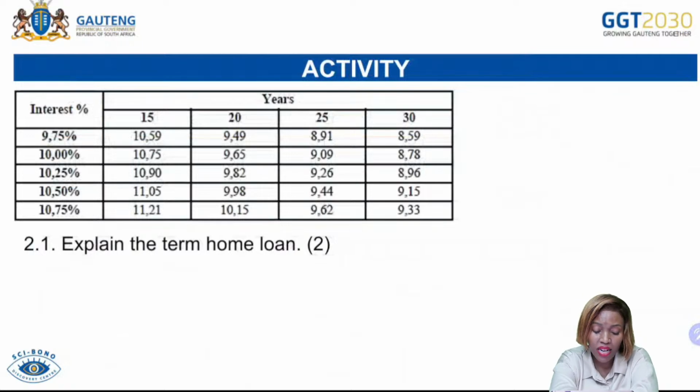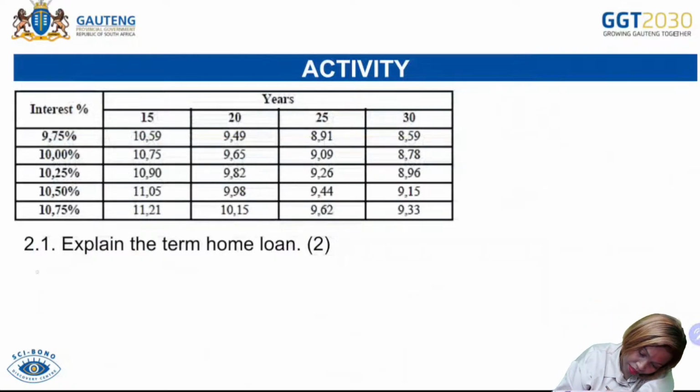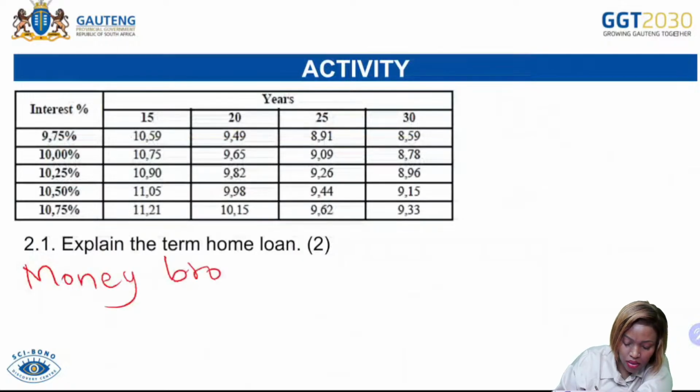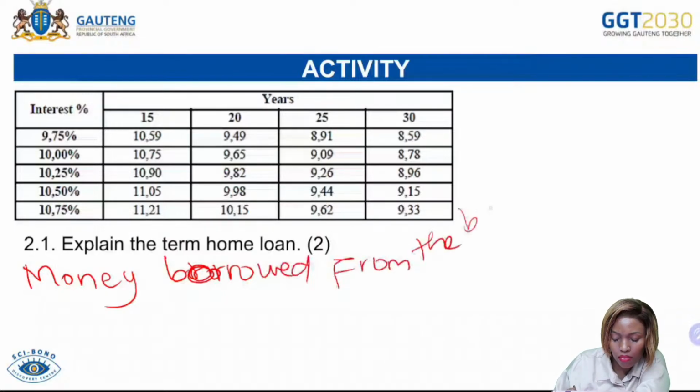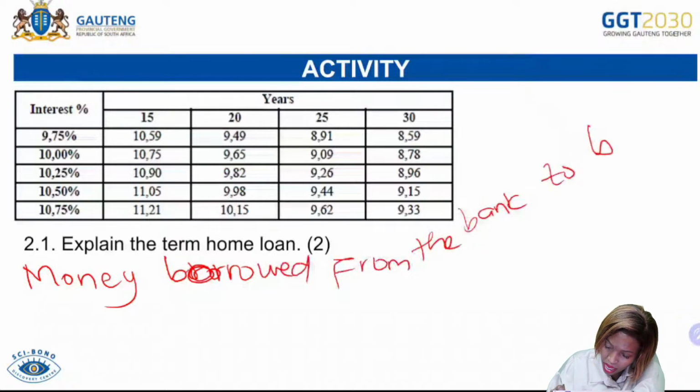2.1, explain the term home loan. When you talk about the home loan, it is the money that is borrowed from the bank with the purpose of buying a house. Money borrowed from the bank to buy.